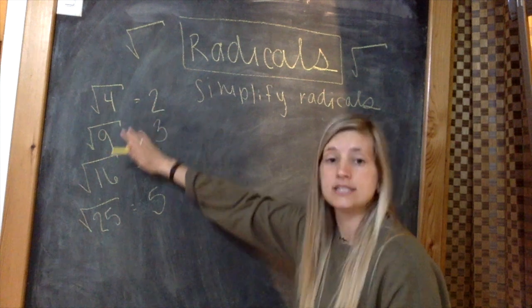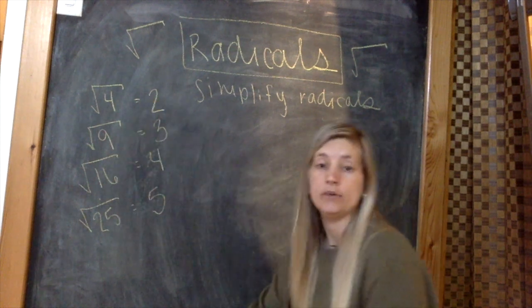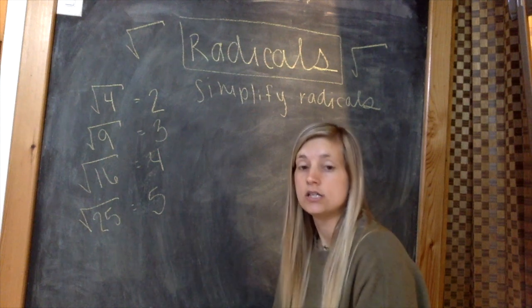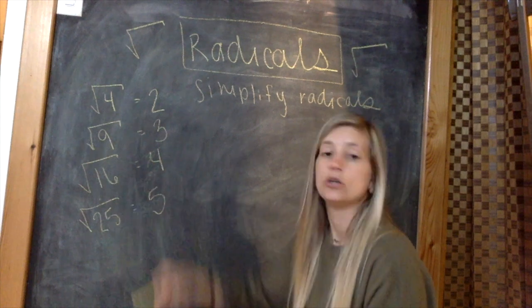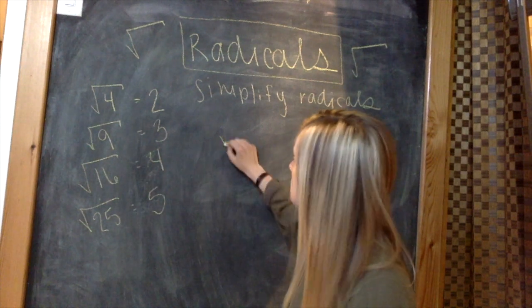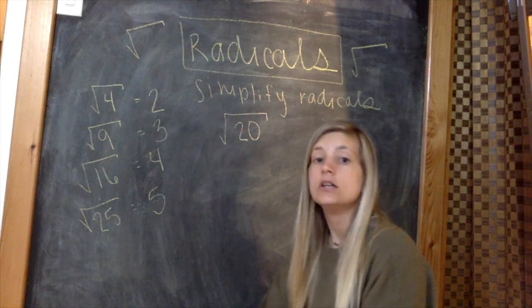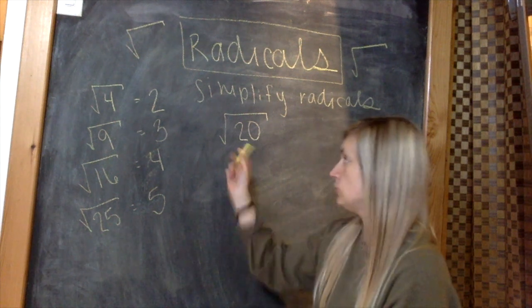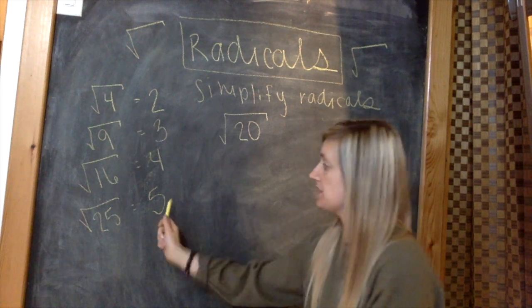So if you ever see these, this is like what we're doing. We are simplifying radicals. So we are no longer going to have these perfect ones. We're going to have one that maybe looks like this. Square root of 20, okay? So without a calculator, we can't shoot out that this is a 4. We also can't shoot out that this is a 5.